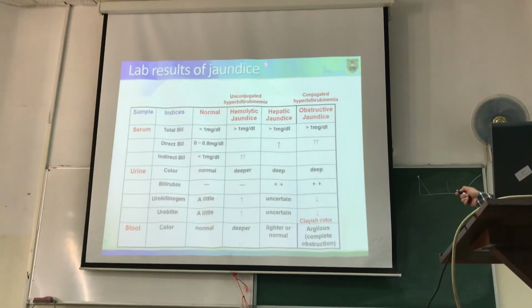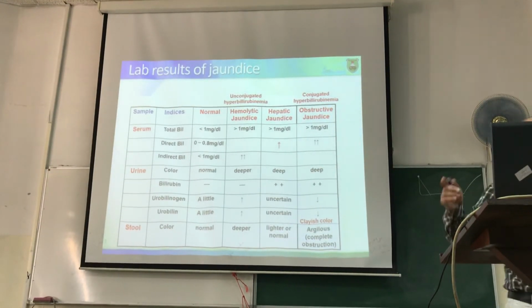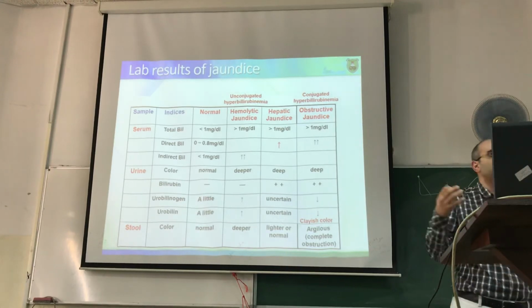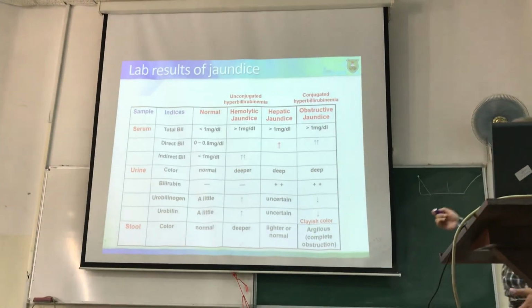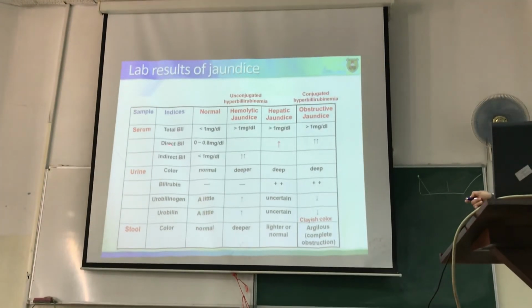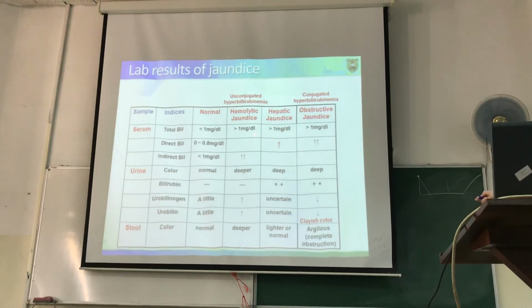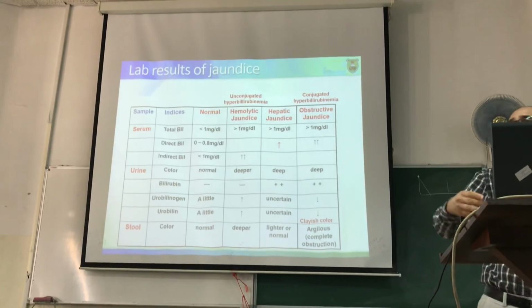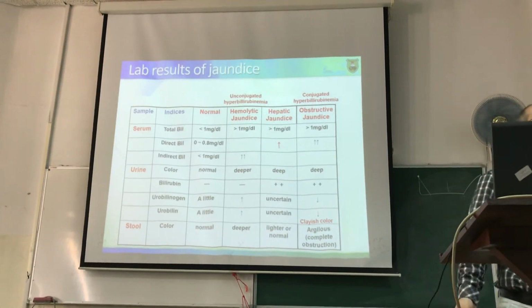Right. What if we have hepatic jaundice? Here we have a lot of question marks. It depends on what the cause is. In general, direct bilirubin, the conjugated bilirubin, would go up, but not really that high. That's why you have a single arrow, and you have it in red. There's a question mark. Well, what if hepatic cellular jaundice is caused by a problem with the conjugation of bilirubin?